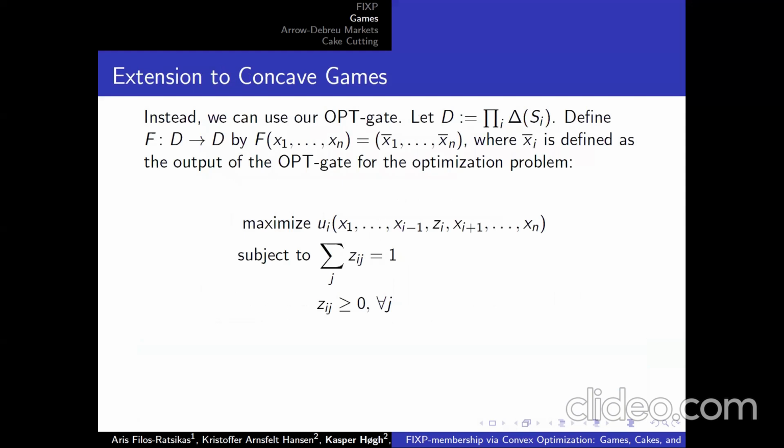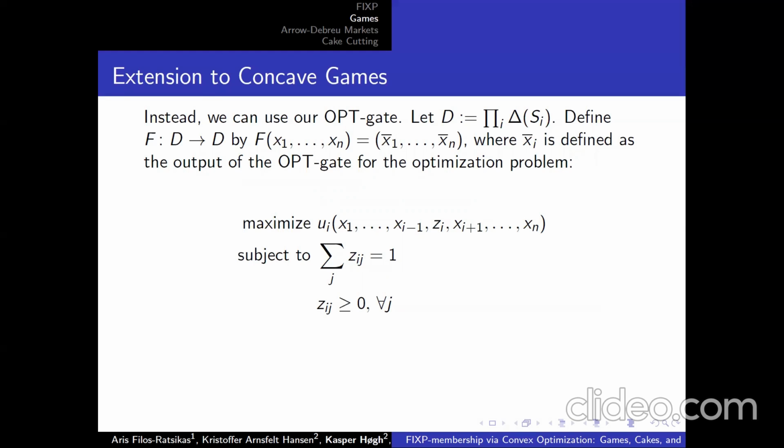And the point is that we want to define some circuits whose fixed points are these Nash equilibria. And so we'll just let the domain of the circuit be the product of these simplices over the strategies. And then we define the function as follows.